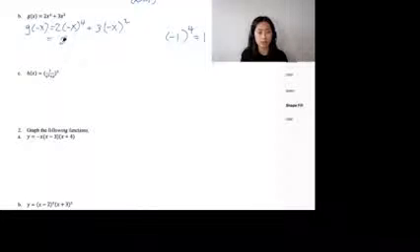So in that case, you're going to get exactly 2x raised to the power of 4 plus 3x squared, and as you can see, that is exactly the same as g of x to begin with. So therefore, since we know that g of -x is equal to g of x, we can say that our function is even.